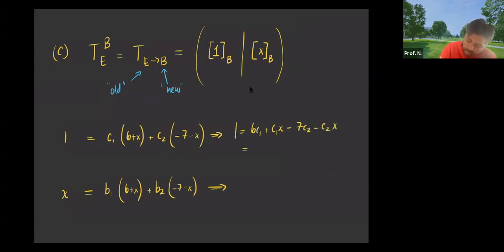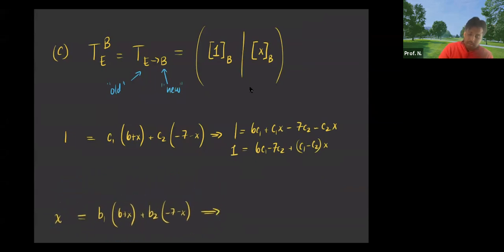If I combine like terms, I get (6c1 minus 7c2) plus (c1 minus c2)x. And then this becomes 6c1 minus 7c2 equals 1, and c1 minus c2 equals 0 because there is no x here. Boom, system of equations. You can solve that.